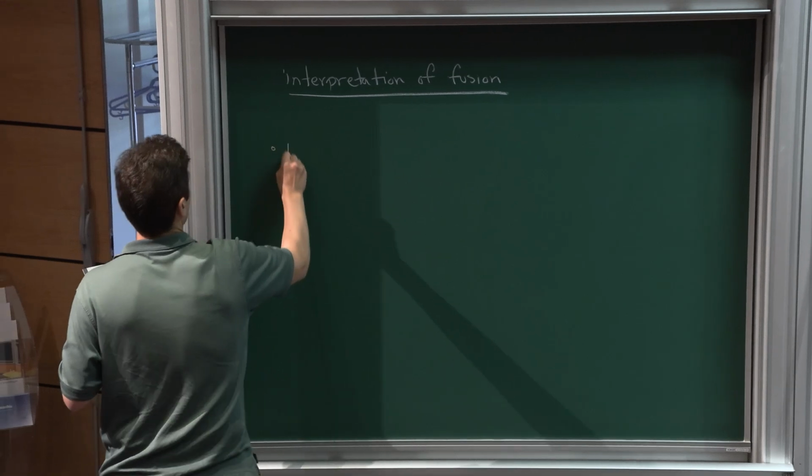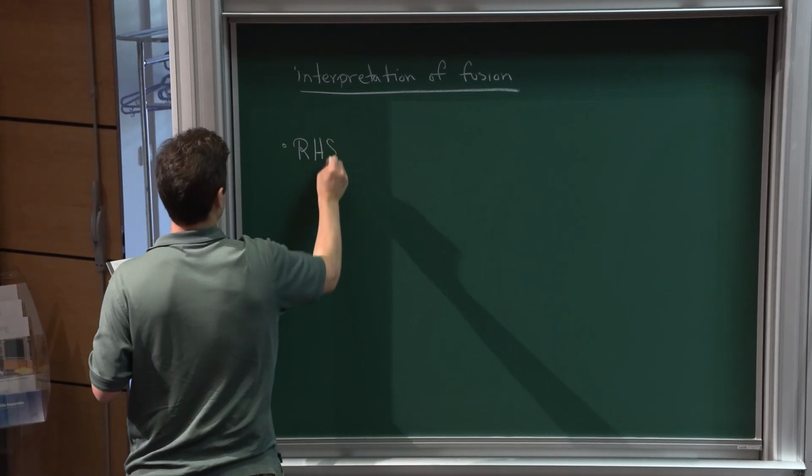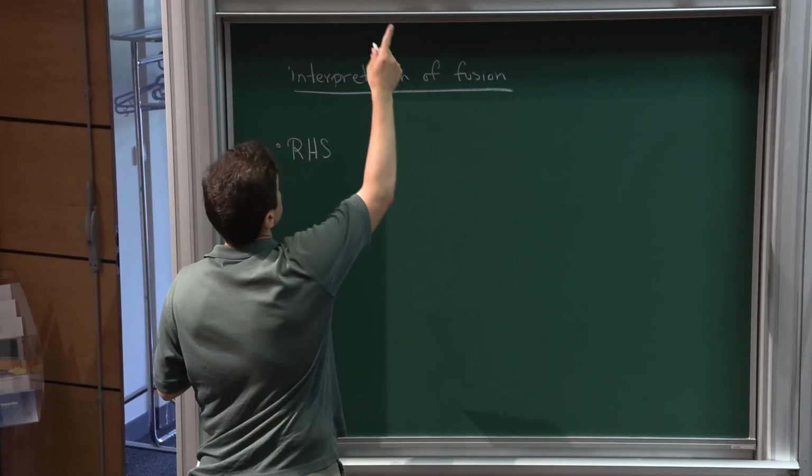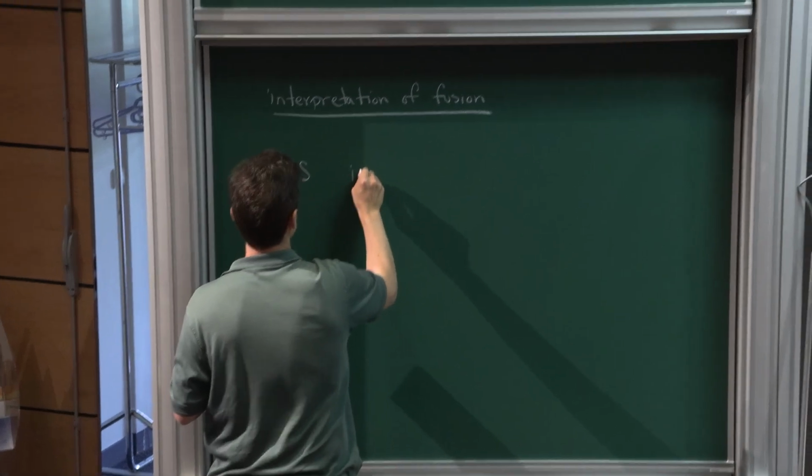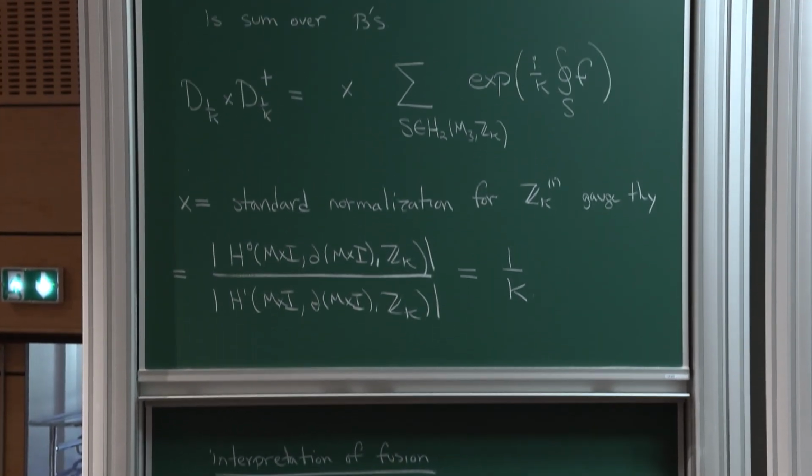Okay, so how should you think about this? The right-hand side of the fusion up there is what's called a condensation.